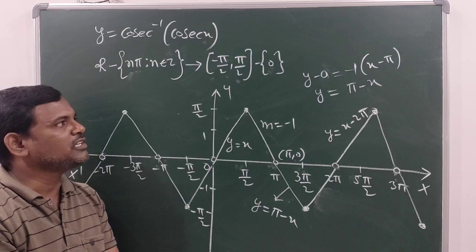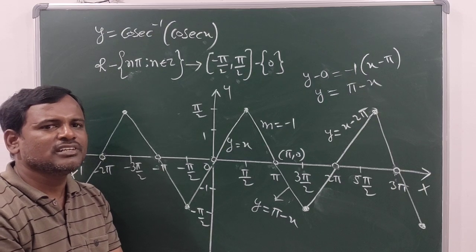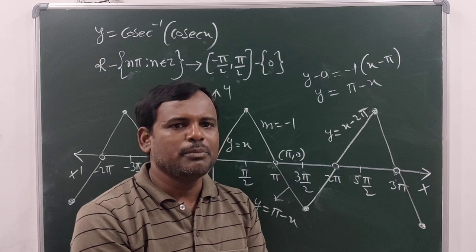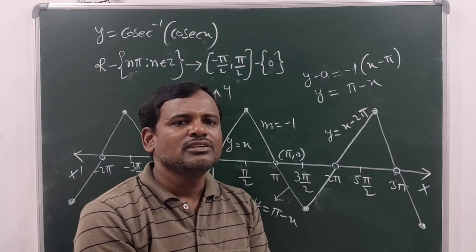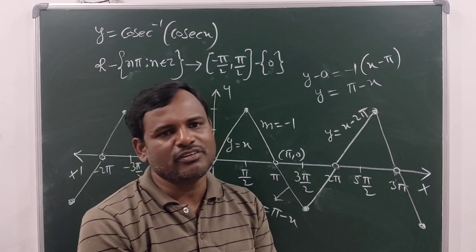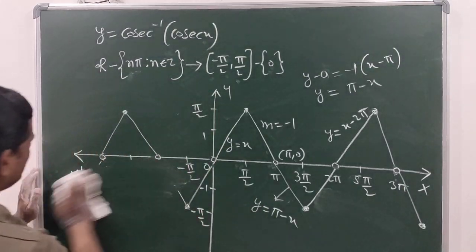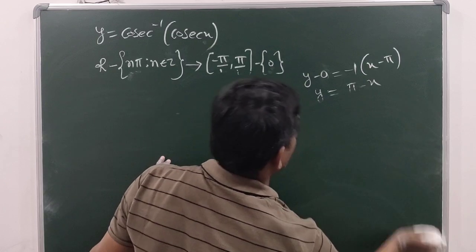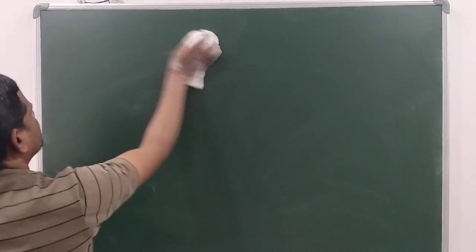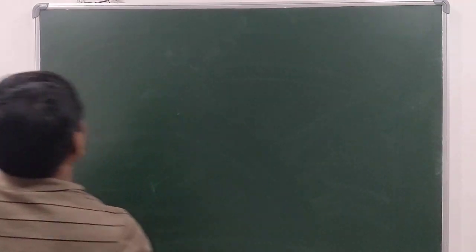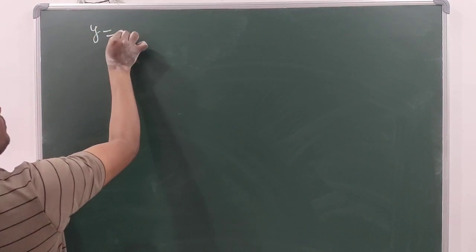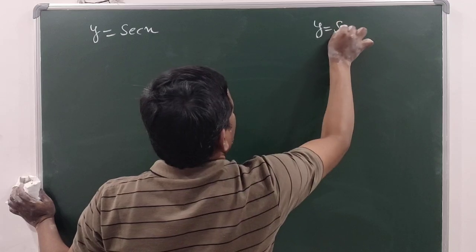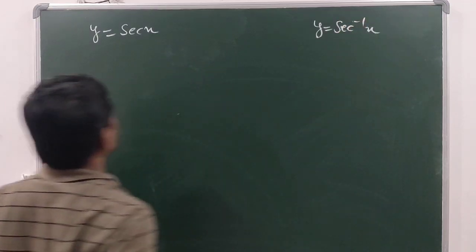Okay, now let us go to the last function, that is secant inverse of secant x. But before learning that, let us see the secant x and secant inverse of x graphs. Now right, see this, y equal to secant x function and y equal to secant inverse of x.